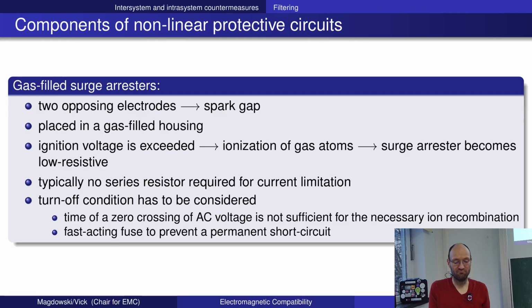Also, this might not turn off. Once the gas inside there is ionized, it might stay conductive, and if the voltage does not drop below a certain threshold, this flash, this spark will just continue to exist. So this also needs to be combined, for example, with some fuse, and then the fuse will switch it off. Of course, if the fuse switches it off, then it will only work one time.